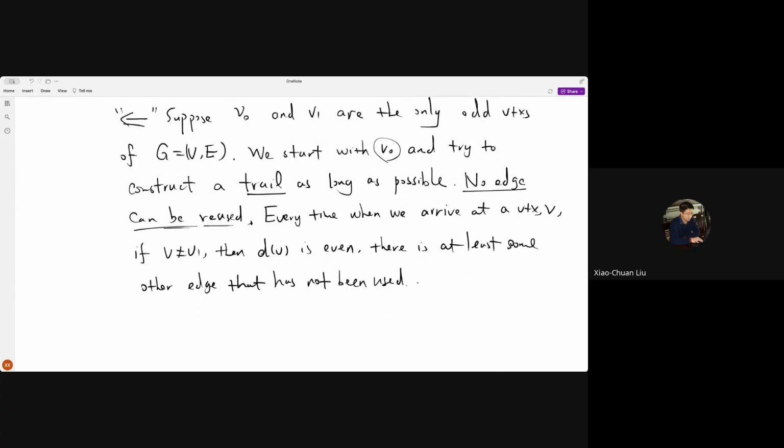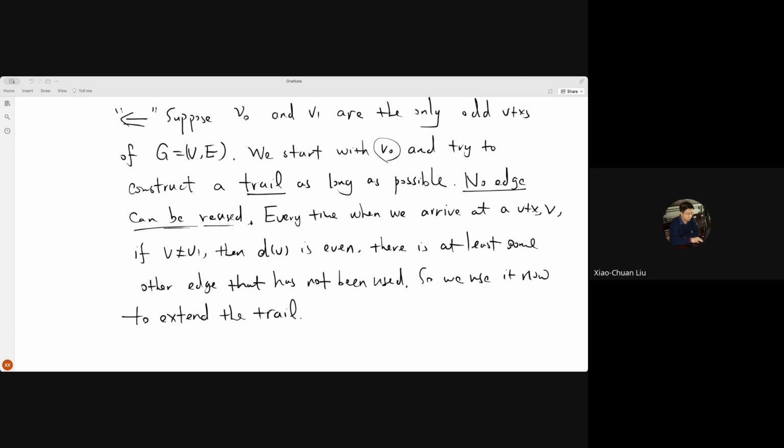Okay, so we can use it now to extend the trial. Okay, this is, I think, a kind of important step. Is it clear?